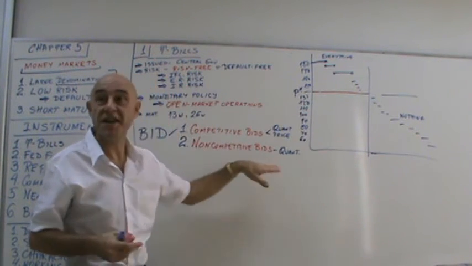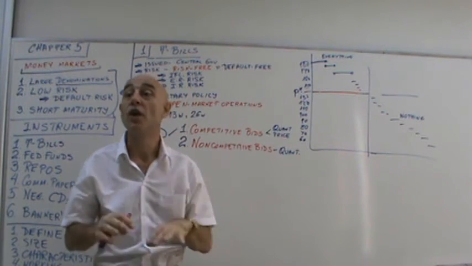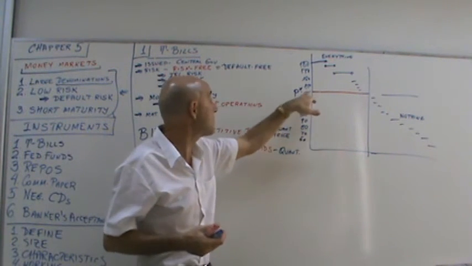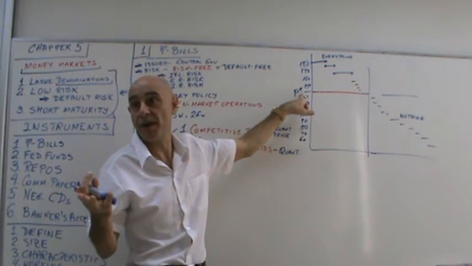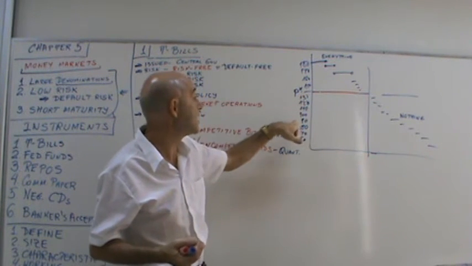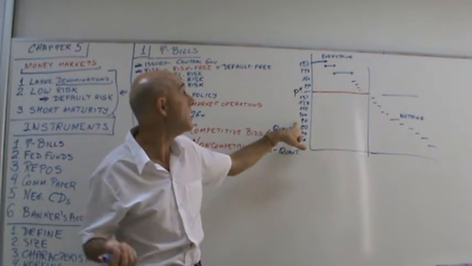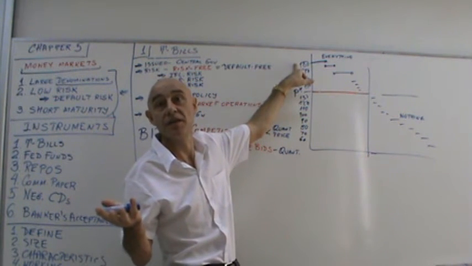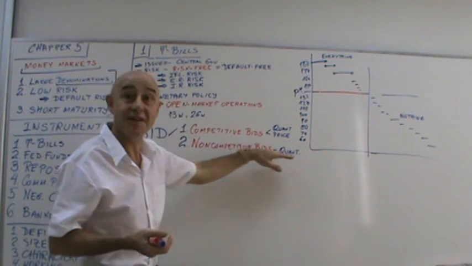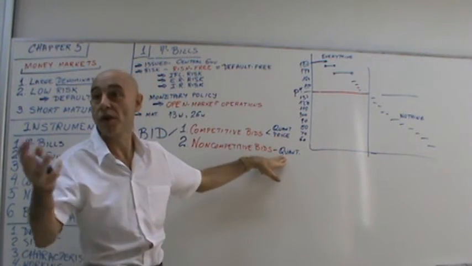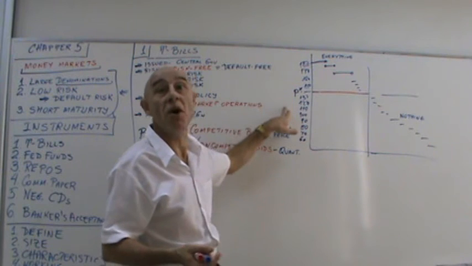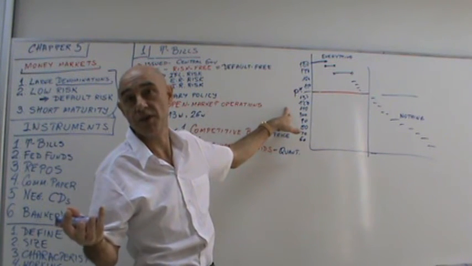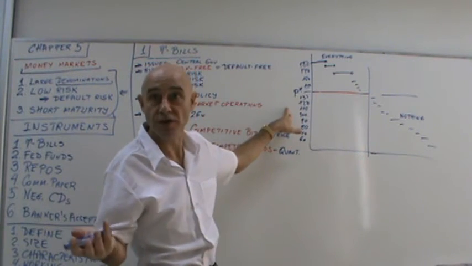So I'm just saying I want 1 million, whatever the market price turns out to be. If the market price is 140, you will pay 140. If the market price is 90, you'll pay 90. But if the market price is 180, you will have to pay 180. Okay? So in a non-competitive bid, you say you want 1 million, whatever the market price turns out to be, you'll have to buy at that price. And that's the way it works.